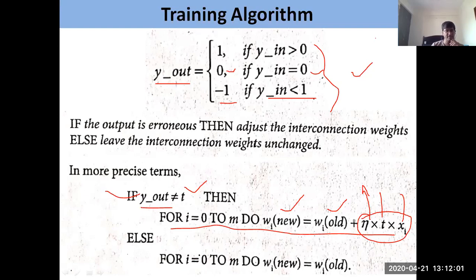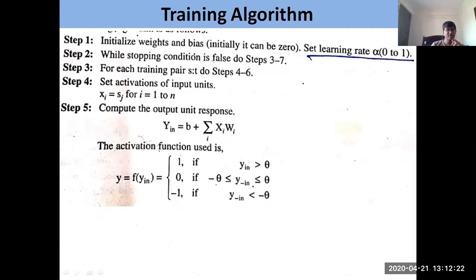Or else, if this Y output, that is the calculated output in every iteration, becomes equal to your target value, in that case we would equate the new weights with the old weights. There would be no change. There would be no calculation of your weight updation rule. So this is a basic fundamental algorithm that we would be using.